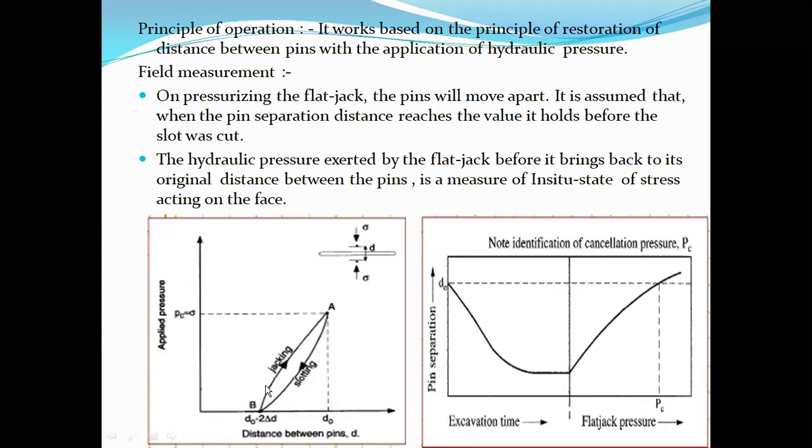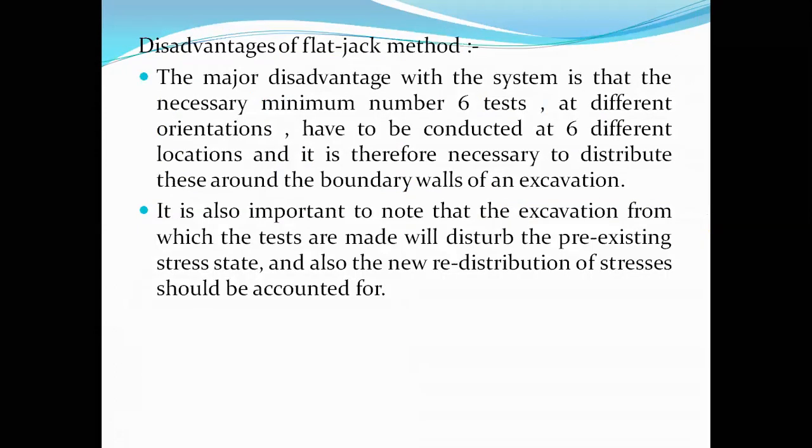So these two diagrams depict the internal operation, or the principle of working, of the flat jack method of in-situ stress measurement. Now, what are the disadvantages of the flat jack method? The major disadvantage is that a minimum of 6 tests at different orientations has to be conducted at 6 different locations, because in order to measure the exact value of in-situ stress we require a minimum of 6 setups.